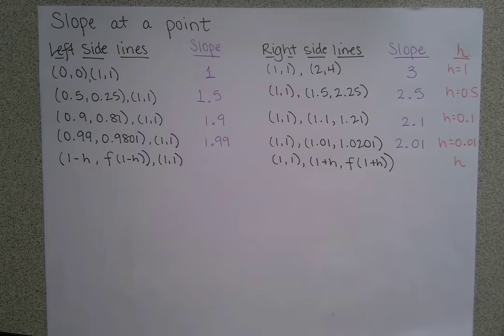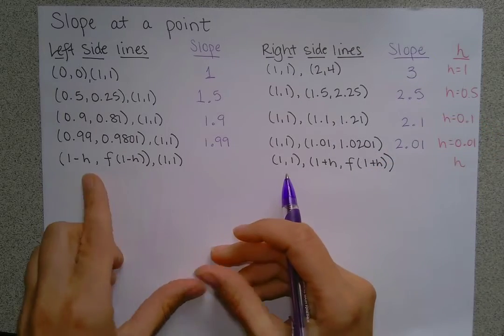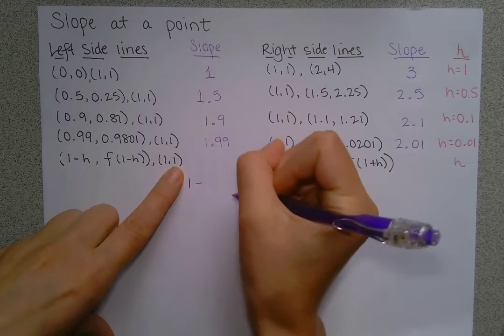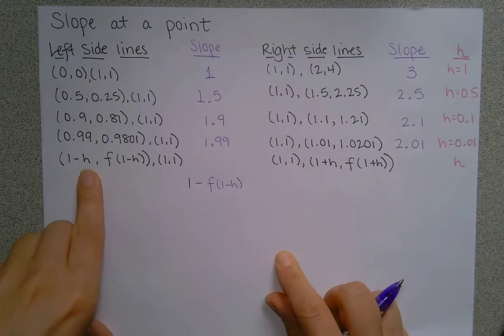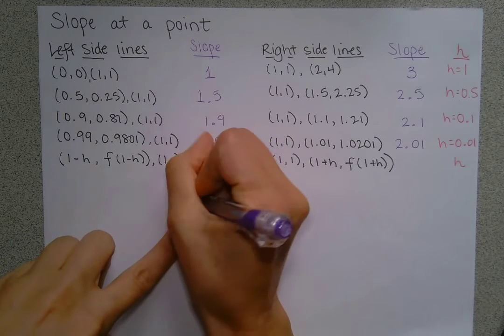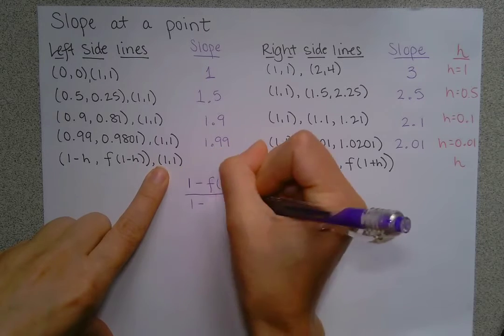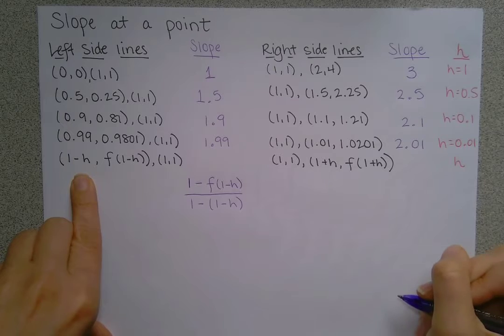Okay, now let's talk about how we would find the slope. So say I want to find the slope on the left-hand side lines. I would take my y value here of f of 1, subtract my y value here, which is whatever I got when I plugged in x, f of 1 minus h. Then I would take my x value here, 1, and subtract my x value of 1 minus h.